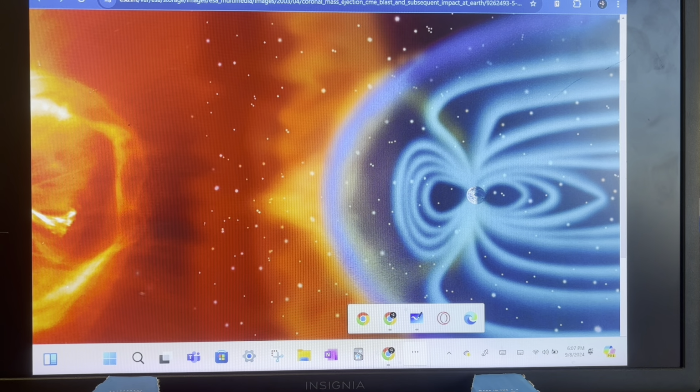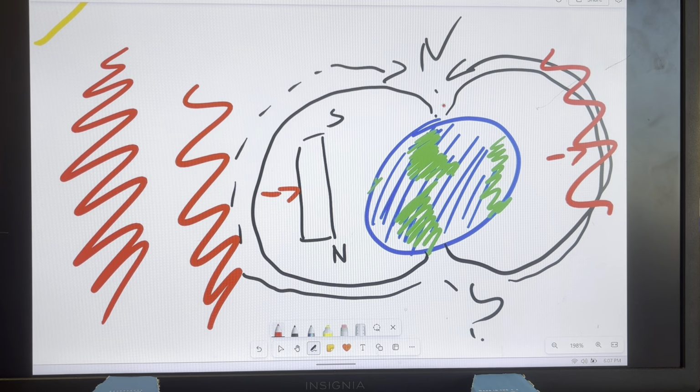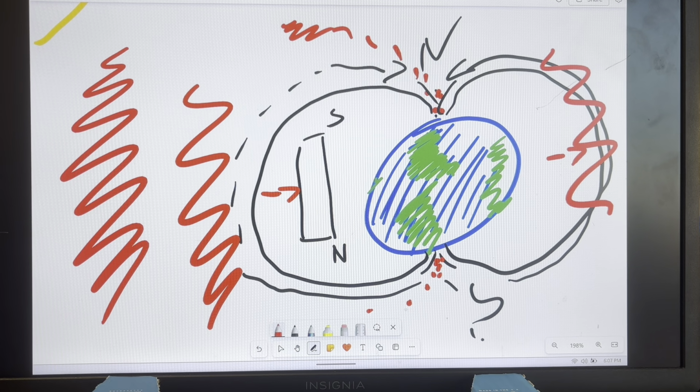That is significant because that is the weakest part of the magnetic field. So that is where particles can sneak in right there and right there, because it's the closest part, right? This is where everything converges to. So yes, particles are able to sneak in. Now, this is just for regular space weather.